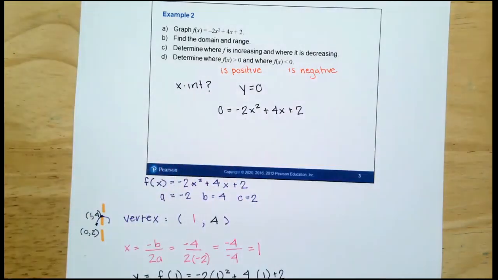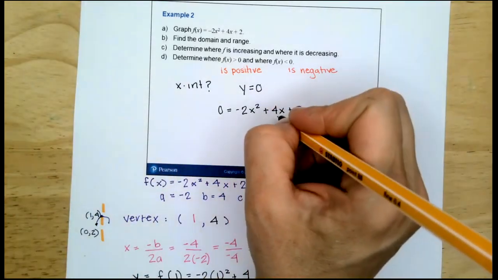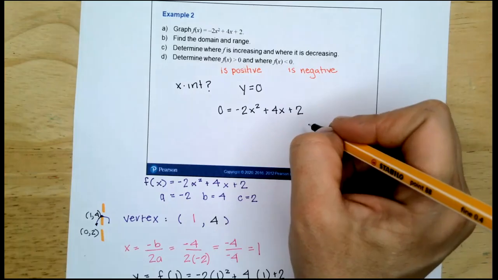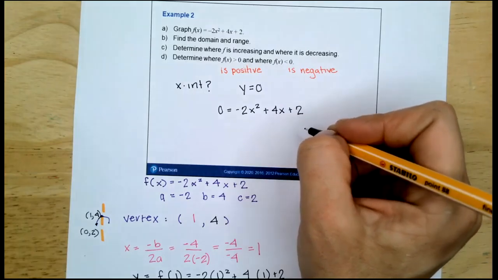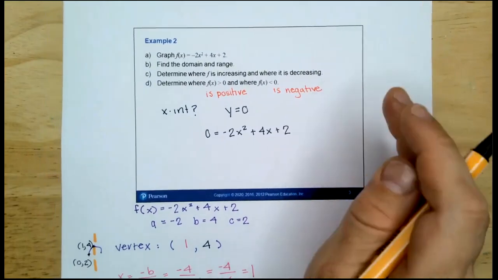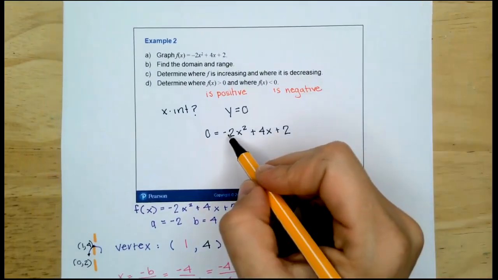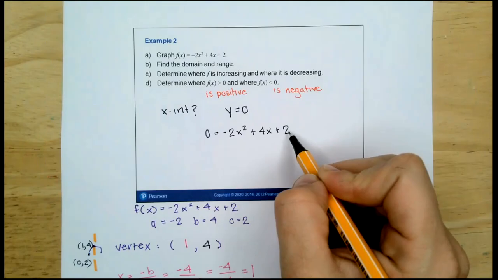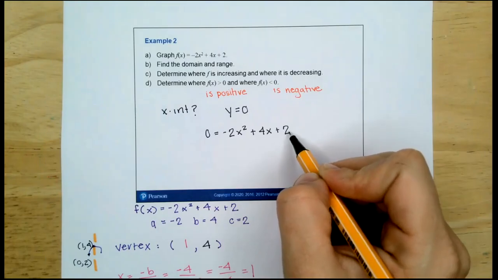Can we factor negative 2x squared plus 4x plus 2? If we were going to factor it, it would need to multiply to equal negative 4, right? But it would also need to add to positive 4.